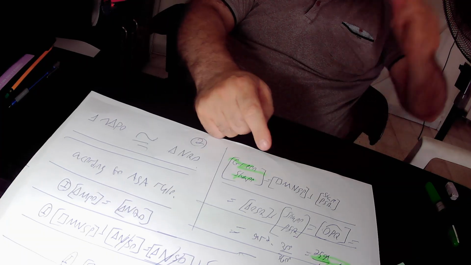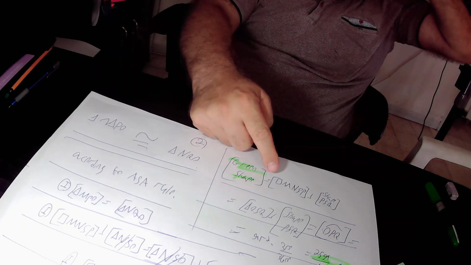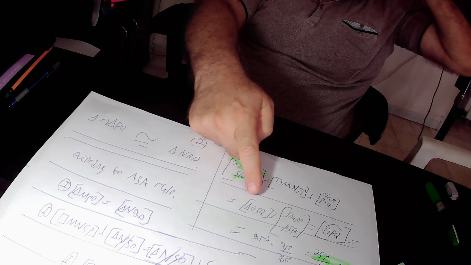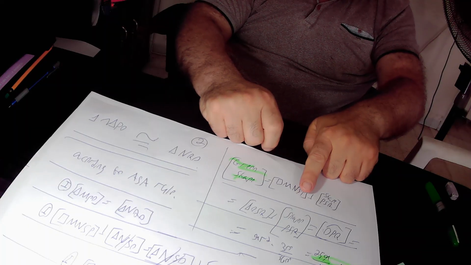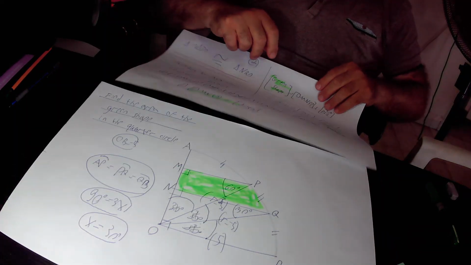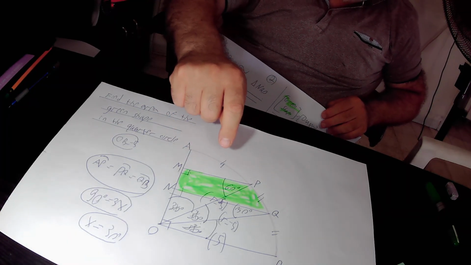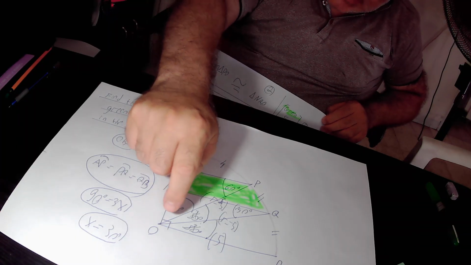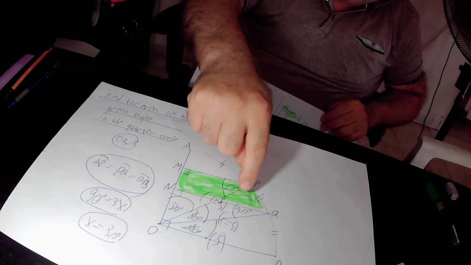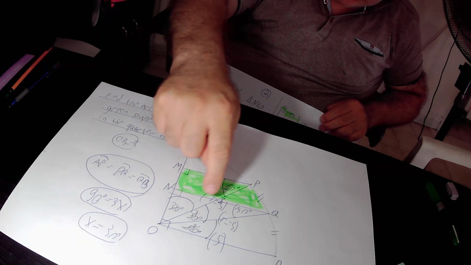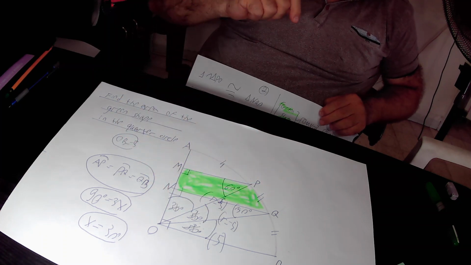So in total, the area of this green shape, the area that we are looking for in this question, equals the area of this triangle SOQ plus the area of this small shape PSQ. But the area of the small shape PSQ plus the area of triangle OSQ is exactly the area of sector POQ.